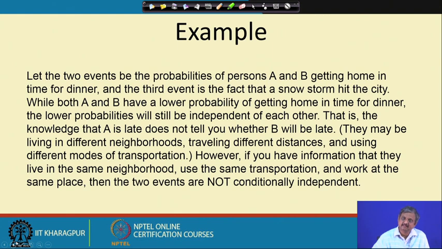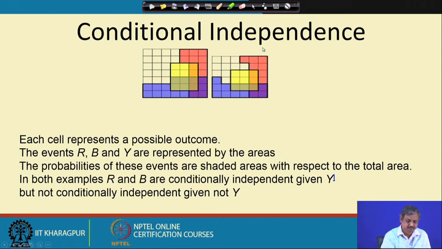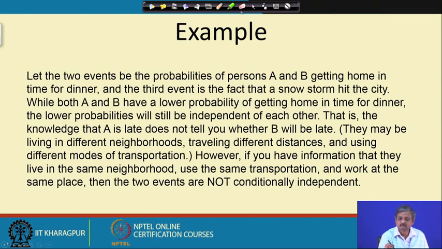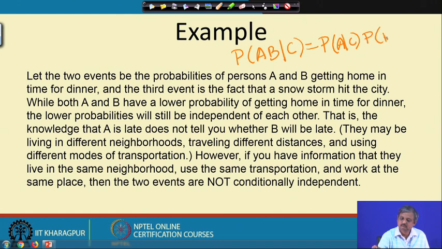Whether A has come home early does not help me predict whether B will come home. So, in this case they are independent, and I can write the probability for the first case.